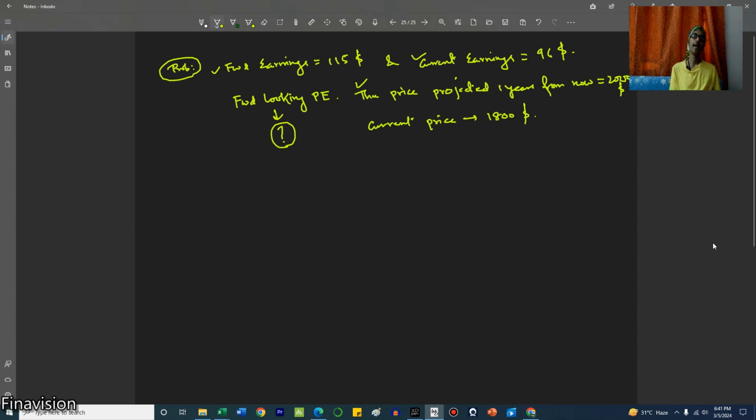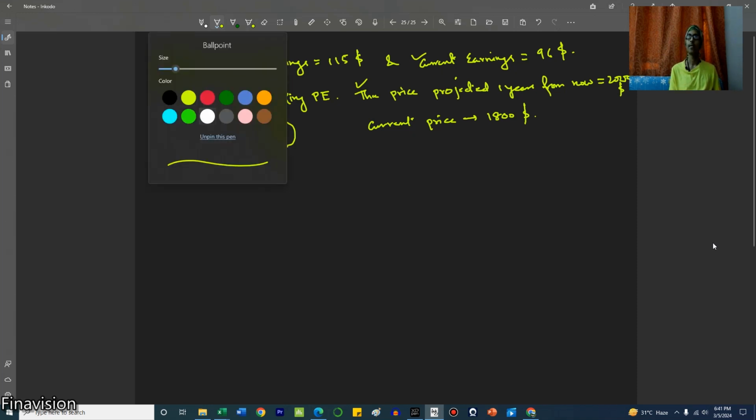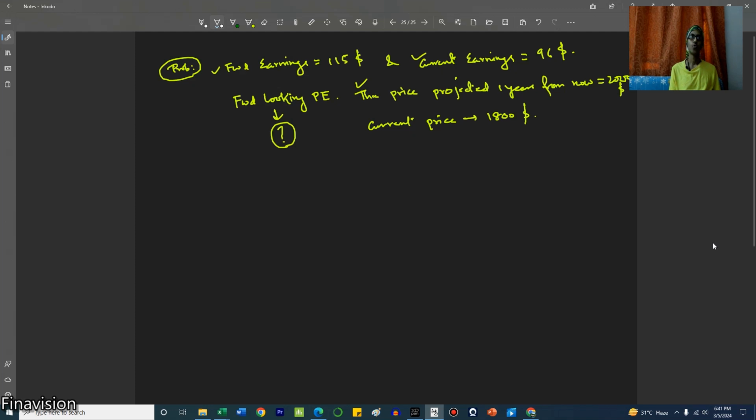So we have to find out what is the forward looking PE, right? So what is the expression for forward looking PE, guys? Should we use this value or should we use this value? Please ask yourself the question. The forward looking PE ratio expression was P0 by E1, if you remember. It was not P1 by E1, it was P0, that is current price, by the forward looking earnings. So this is the forward looking PE ratio.